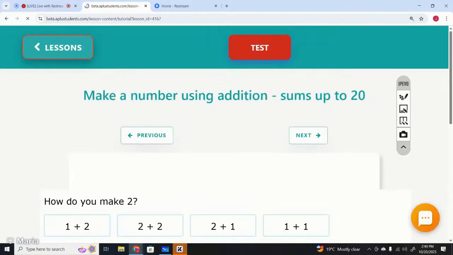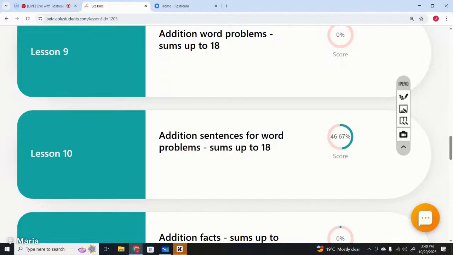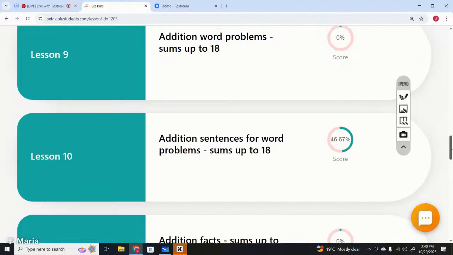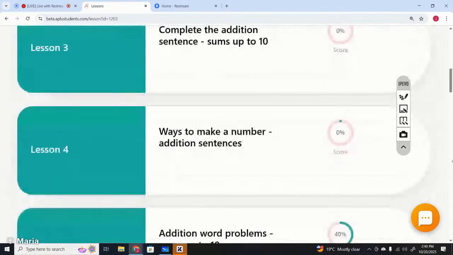So, we were working on grade 1 math. The lessons we worked on today are addition sentences for word problems with sums up to 18, addition facts with sums up to 20, and make a number using addition sums up to 20.